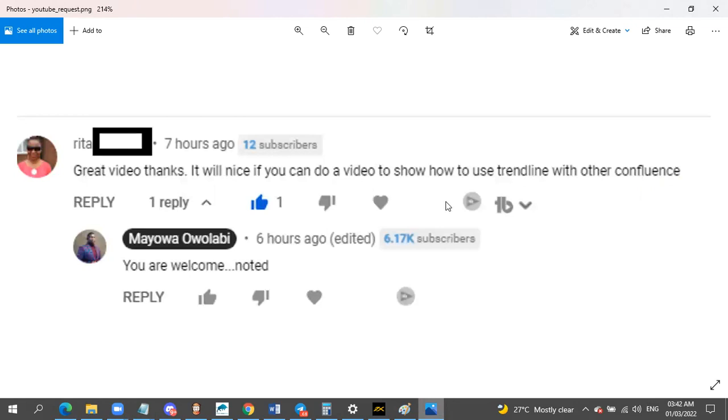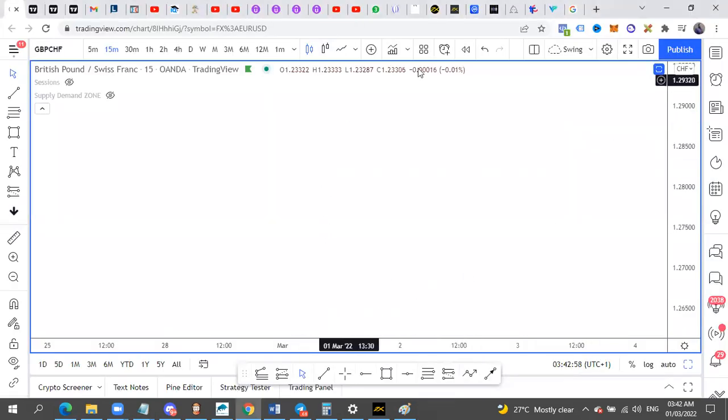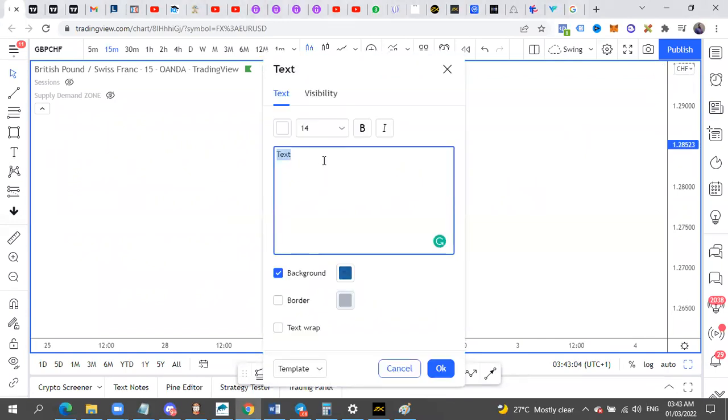We'd like to show how to use trendline with other confluences. A lot of confluences you can use in the market when you understand trendline. I'm going to do a list of a couple of them.